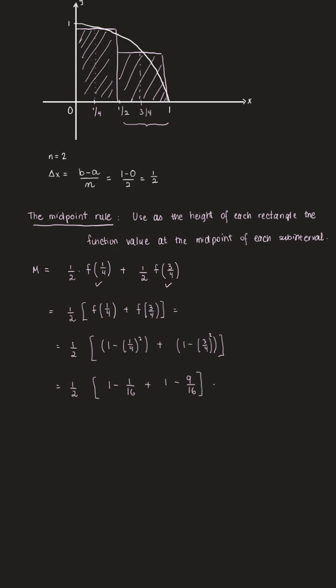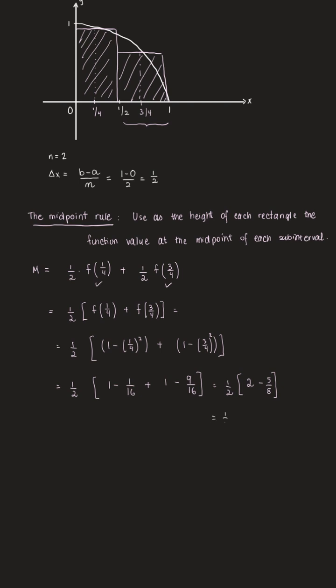So we have 1/2 times 2 minus 9/16 minus 1/16, which is negative 10/16. Or I can write that as negative 5/8, if I reduce 10/16 to 5/8.